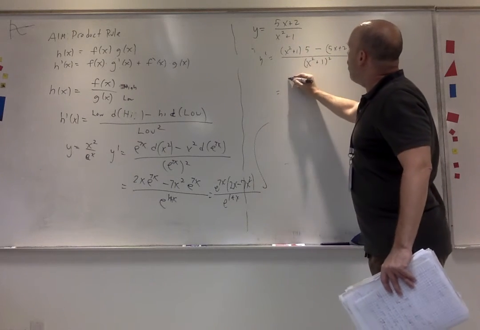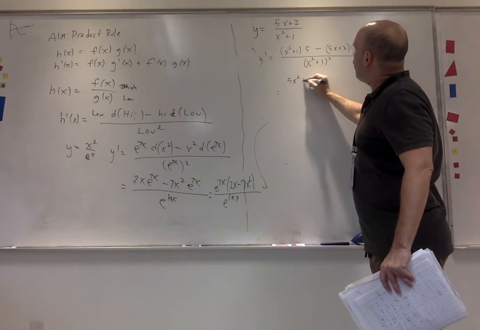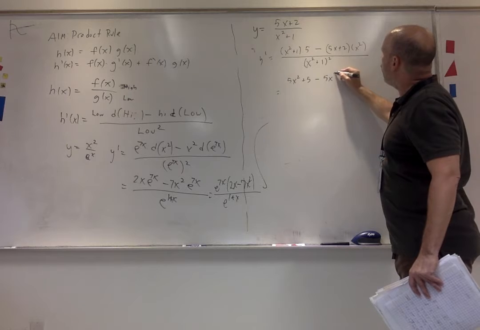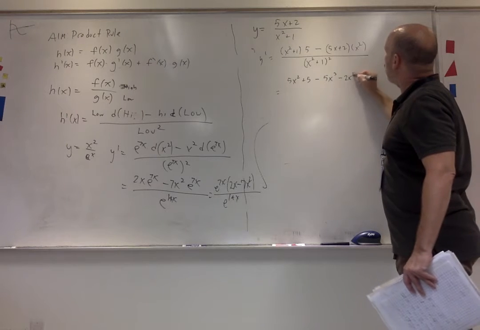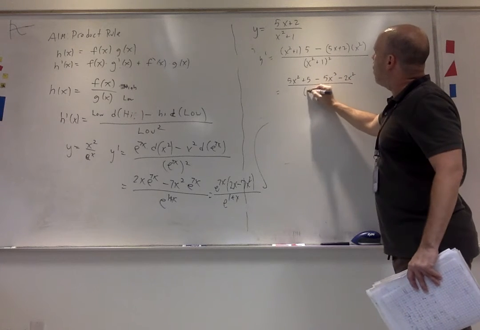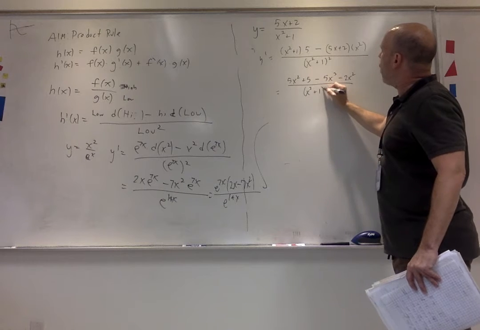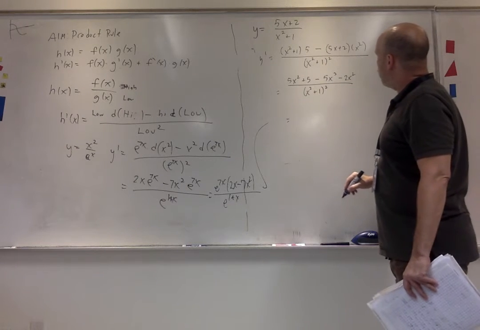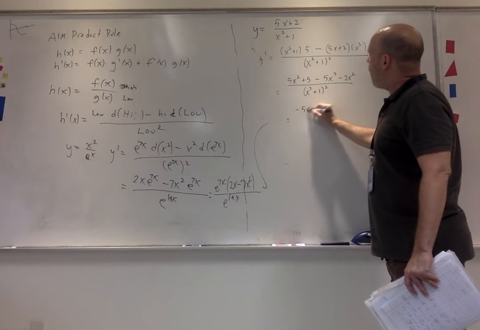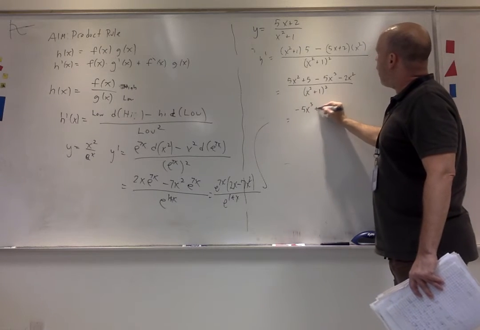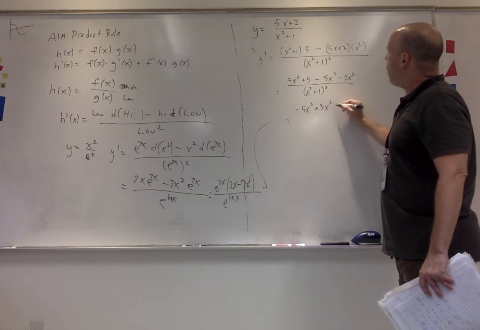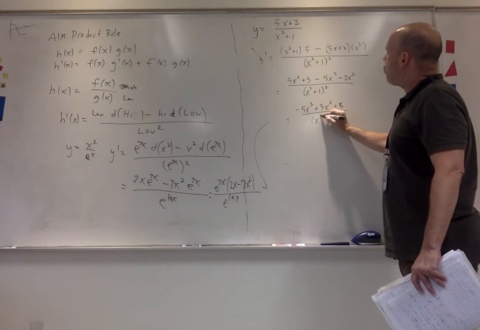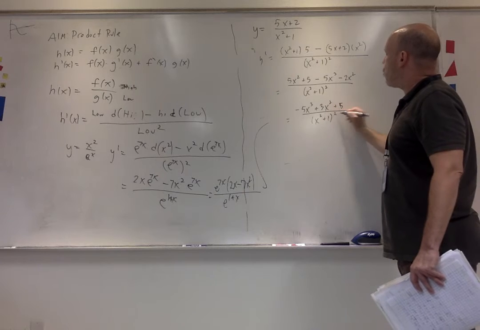What do we have here? 5x squared plus 5 minus 5x cubed minus 2x squared over x squared plus 1 squared. Final answer, negative 5x cubed plus 3x squared plus 5 all over x squared plus 1 squared.